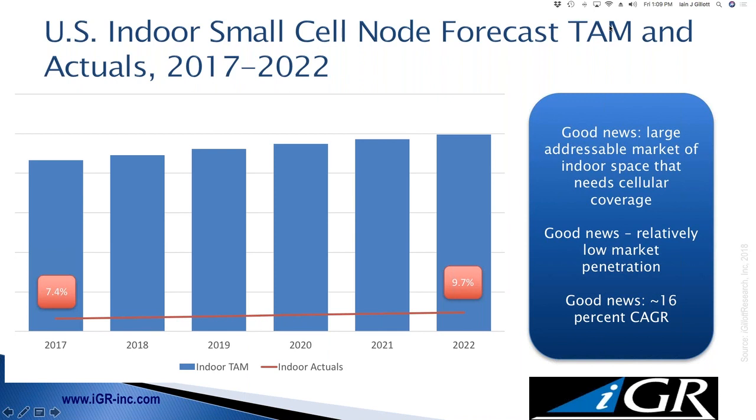By 2022, we're up to nearly 10% of the market. So the market's growing overall, the penetration is growing. So clearly more systems are going in, solutions are being deployed. And the actual growth between 17 and 22 is just under 16% compounded annual growth rate per year. So it's a pretty healthy market.